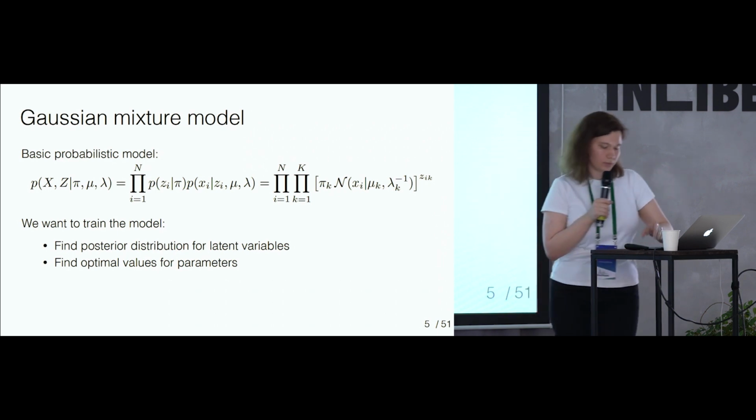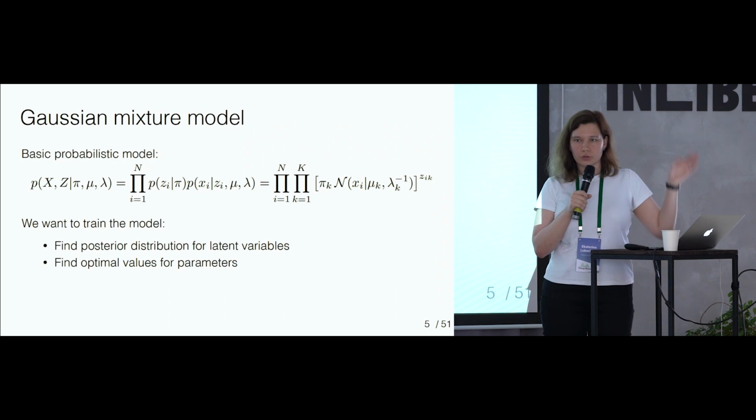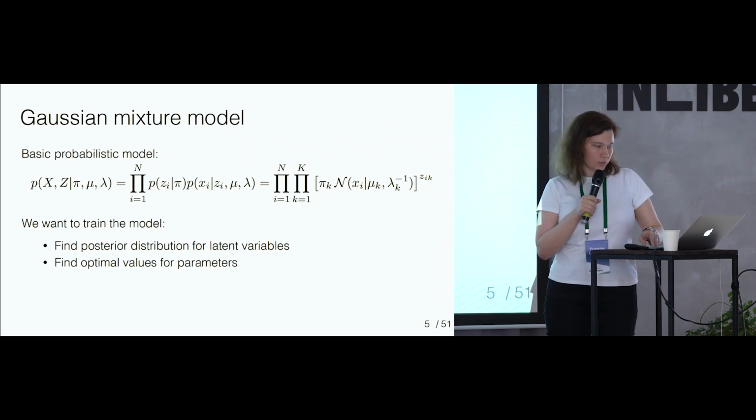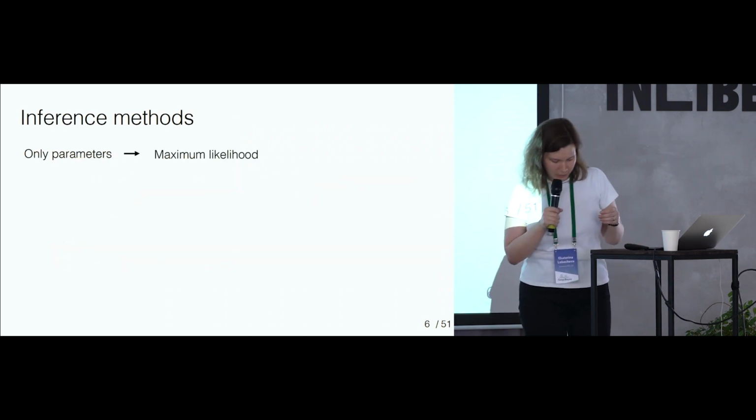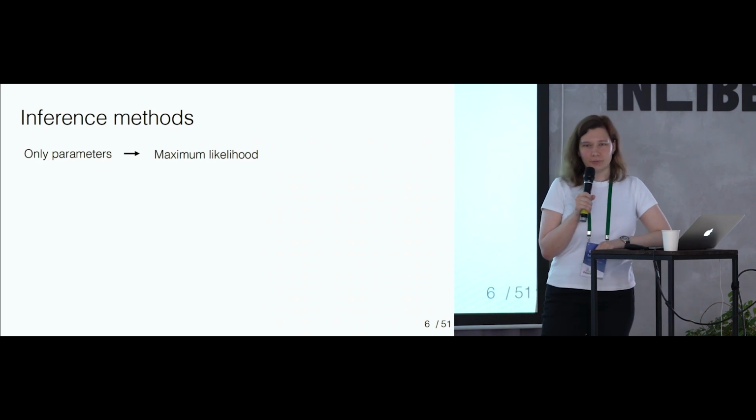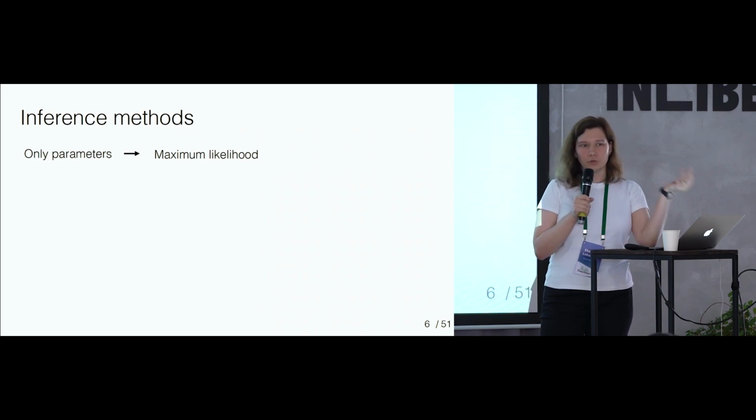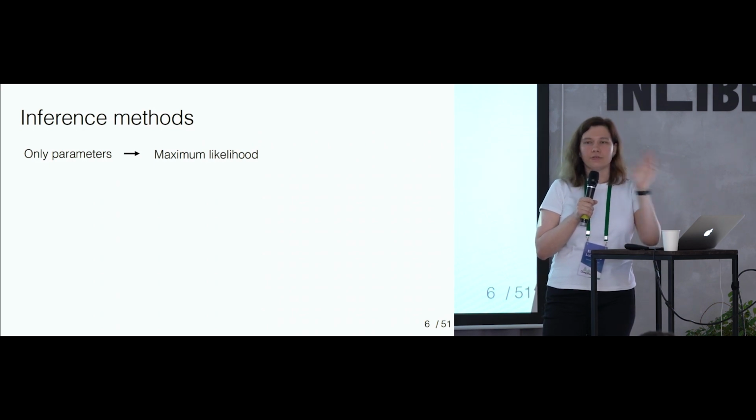OK? OK. Before we go to solving the problems, we discuss which methods may be used to solve such problems. You had 3 lectures today, and you discussed at least 3 different methods. So full Bayesian inference on the first lecture, variational inference, actually 4 methods.